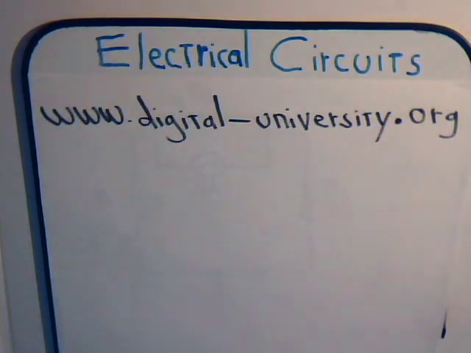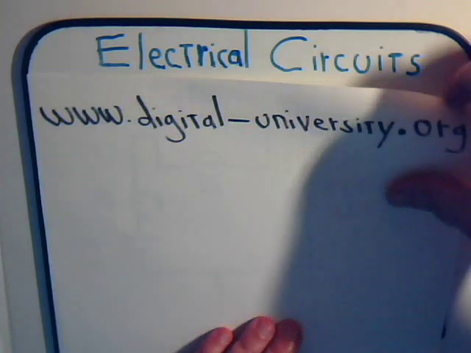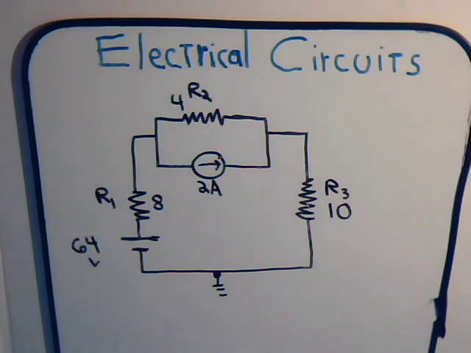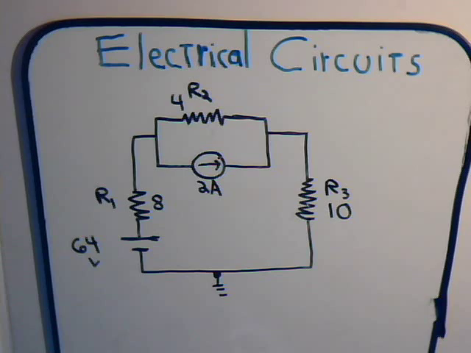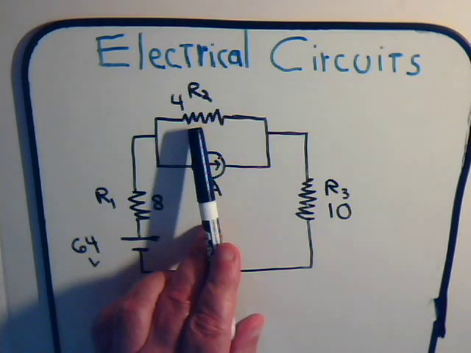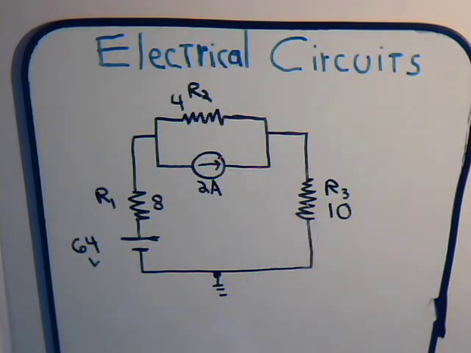digital-university.org, and in this video we're going to continue to use the nodal analysis technique, and we want to apply it to this circuit where we have a voltage source and a current source, and then we have three resistors incorporated into the circuit in this kind of a pattern.